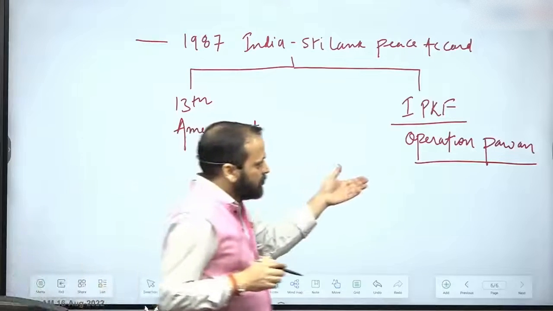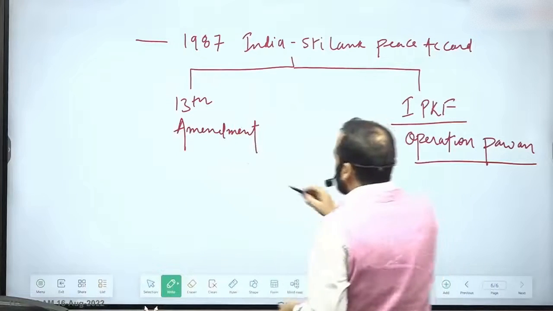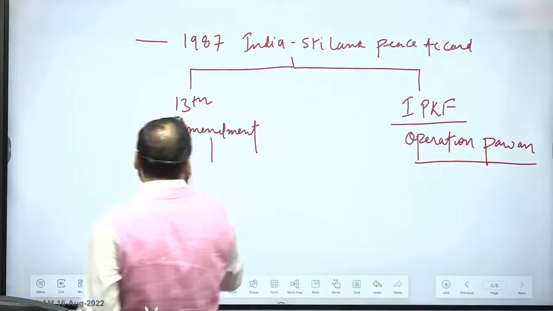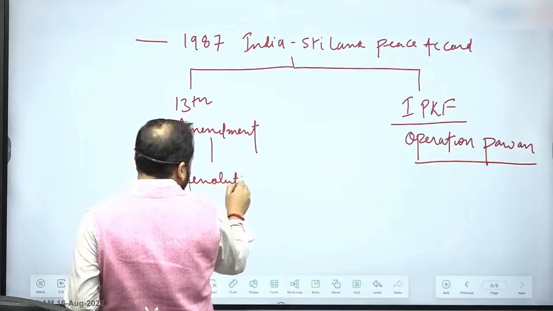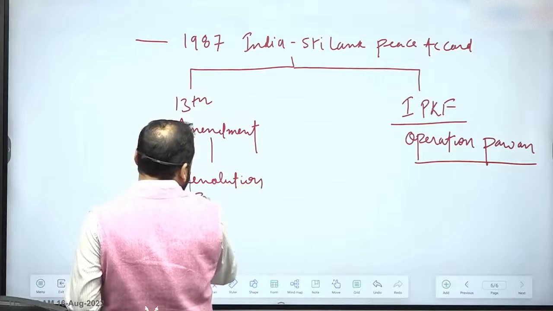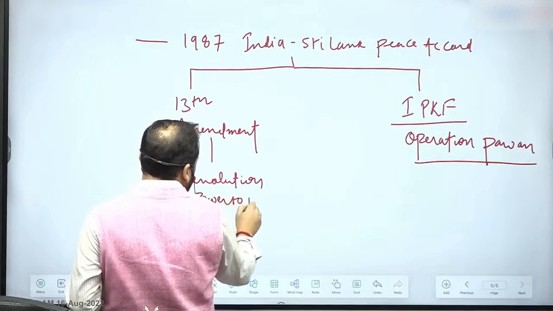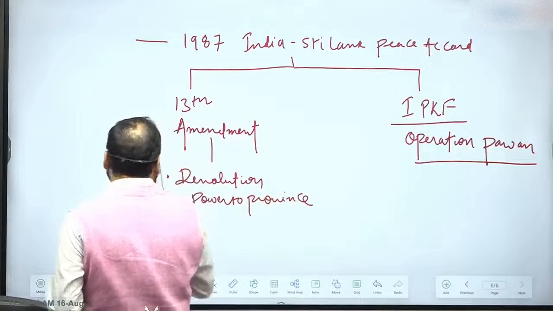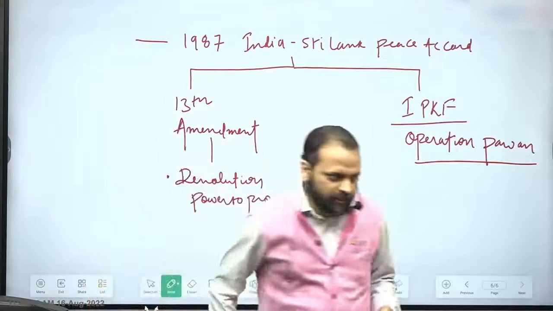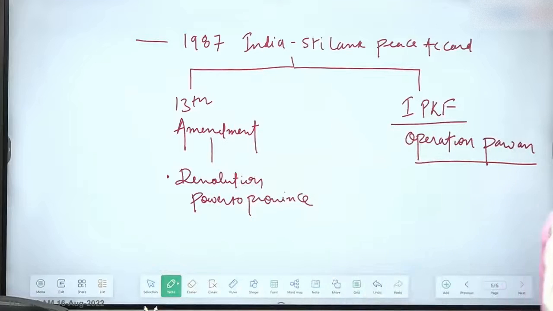Now, the 13th Amendment is the political solution. It talks about devolution of power to provinces. By providing greater power to provinces, this problem can be resolved.